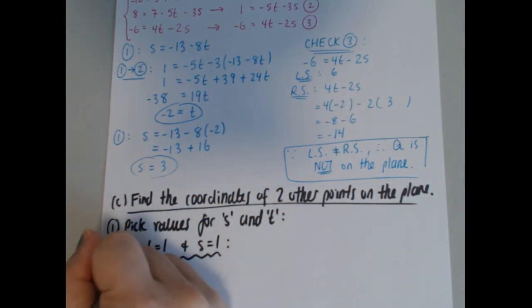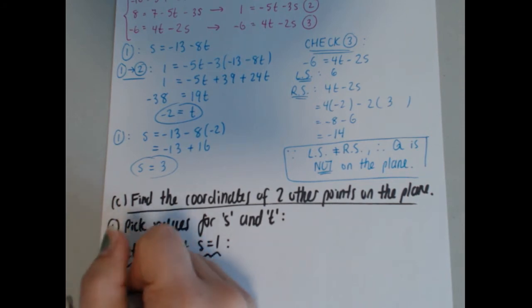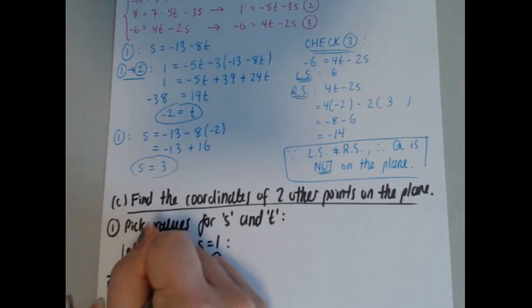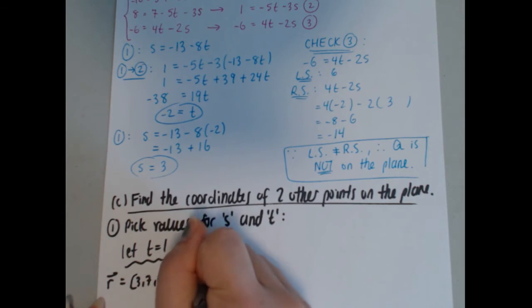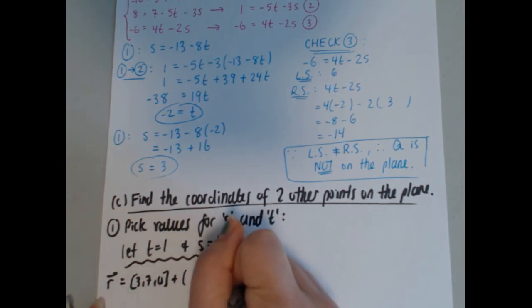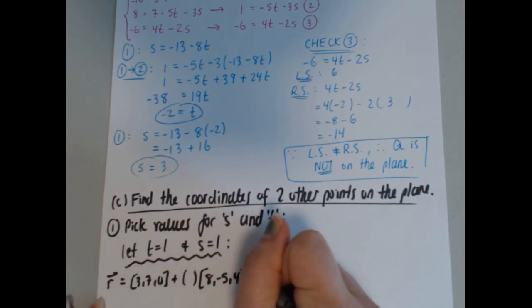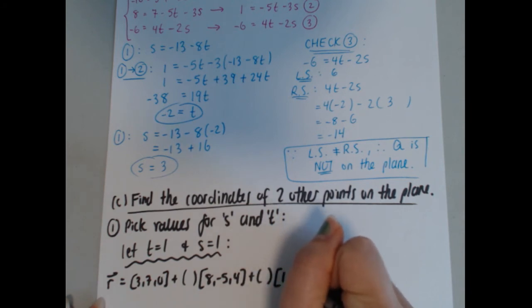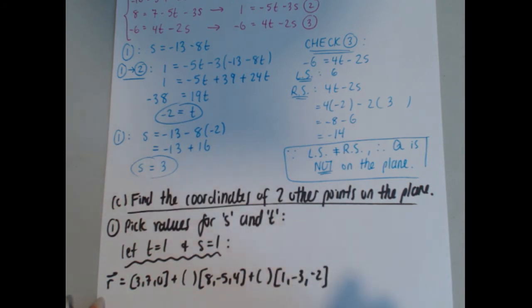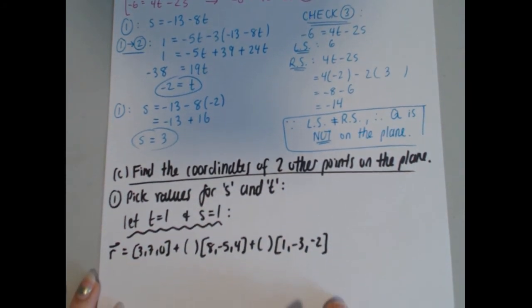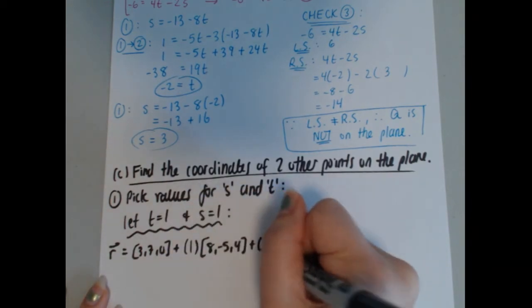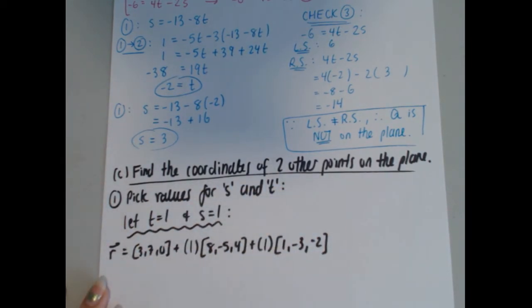All right, so using our equation, r is equal to (3, 7, 0) plus t times (8, -5, 4), plus s times (1, -3, -2). And I think we said 1 and 1. So that means we're actually just adding these vectors together. So it's going to be 3 plus 8 plus 1.